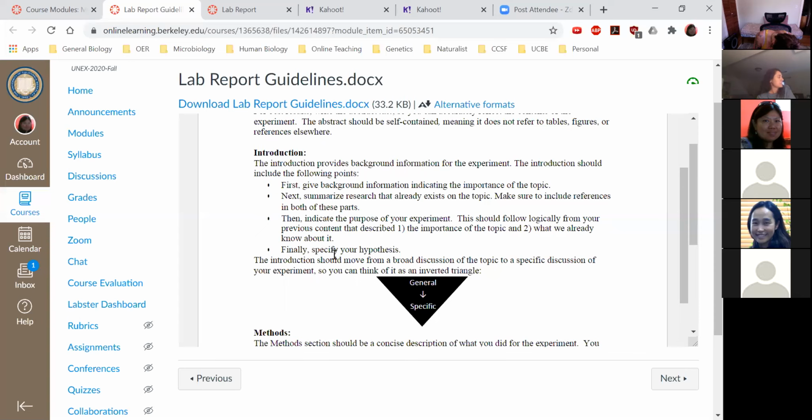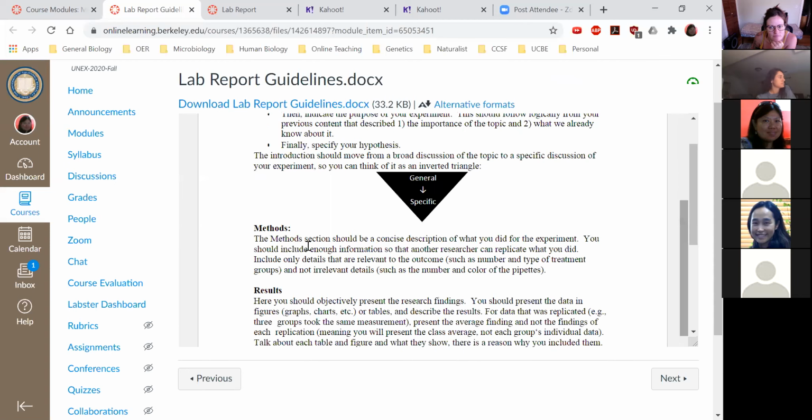You want to talk about your own hypothesis, and remember, a hypothesis is your tentative answer to your question. Why are you interested in that particular question? So the introduction goes from the large picture to very specific: this is what I'm going to talk about in my report.